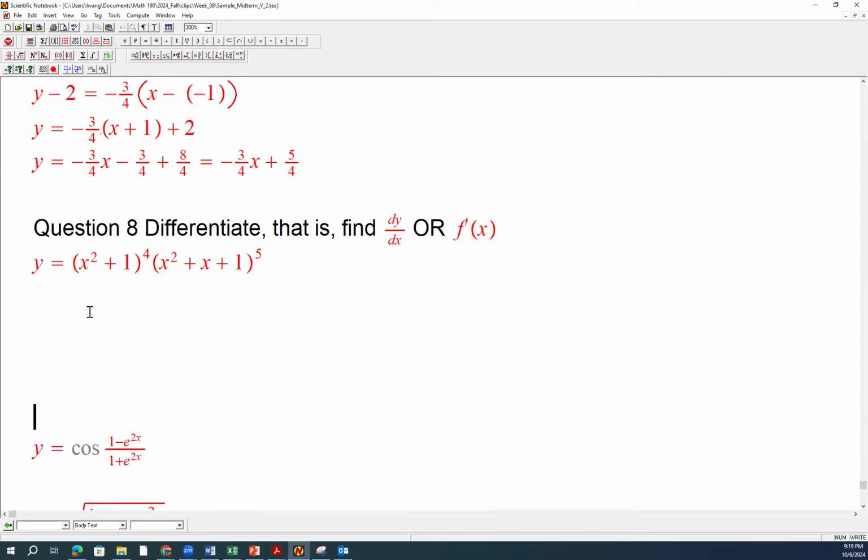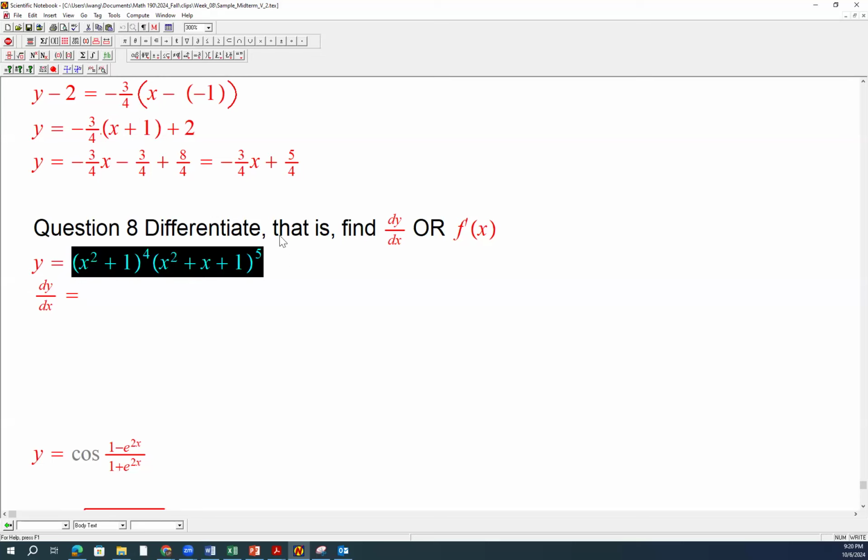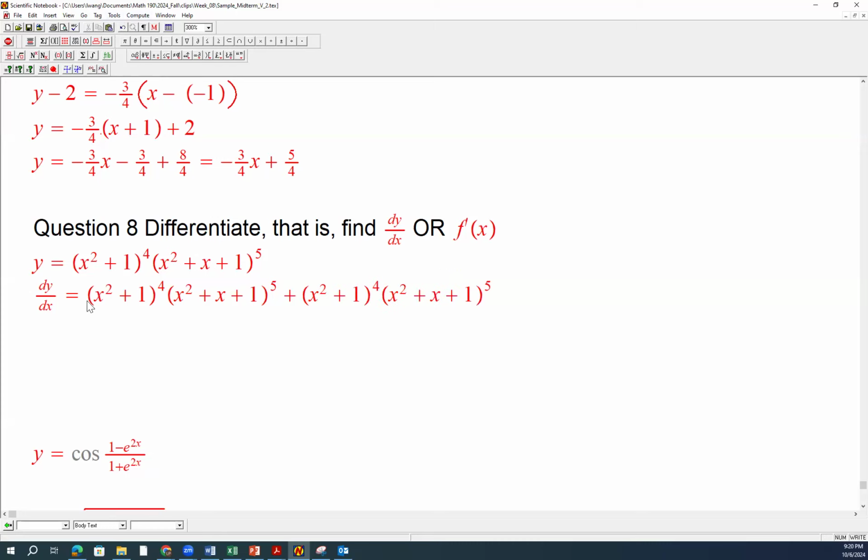Differentiate number 8. dy/dx. Obviously, in this case, we will have to use chain rule. First is product rule, and then chain rule.